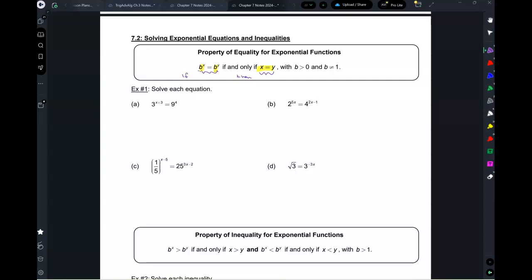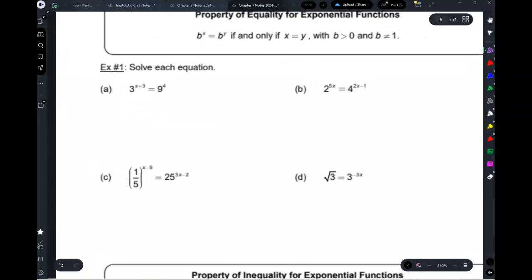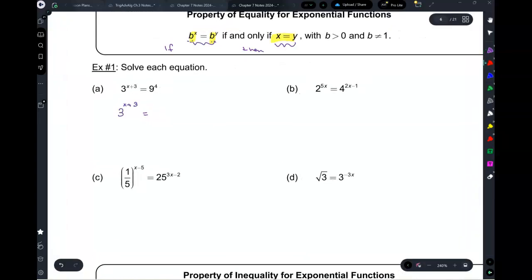All right, so take a look at this one here. I have a base of 3 and a base of 9. Okay, we all know that those two are related. The 3 is the simplest base, so there isn't much I can do with that. Now the 9 here, I can actually rewrite as 3 to the power of something. Remember, I need to make these two bases the same. So I can make the 9 3 squared, right?